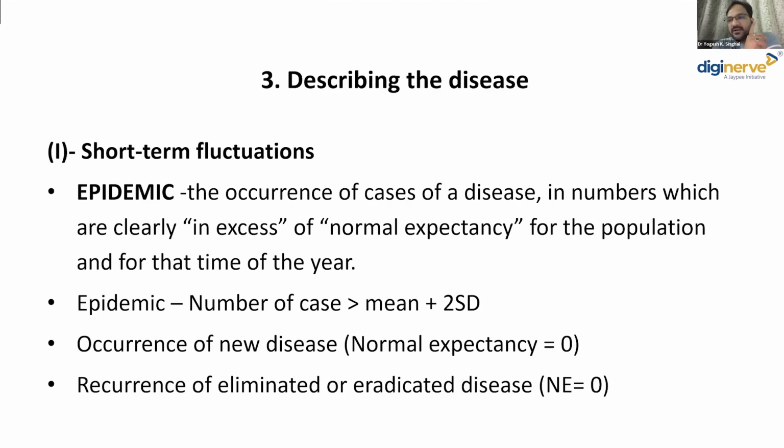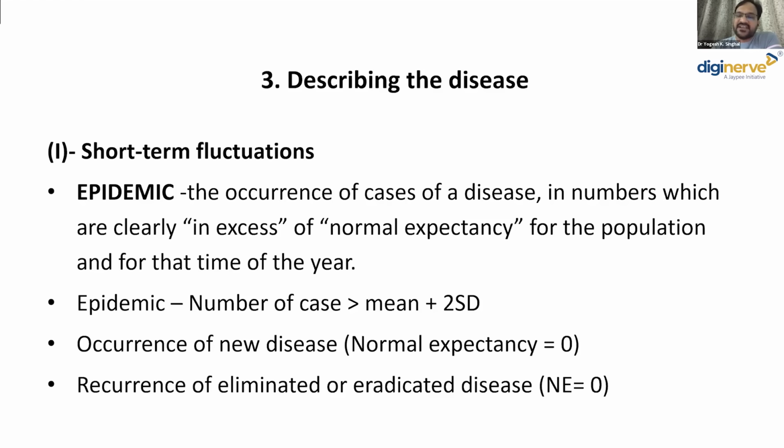Because what we will do is 1/0. Why one? A single case is one upon zero, where zero means the cases in the last year. So 1/0 is infinity. Similarly, if the cases of dengue were 1,000 last year, but this year we have 10,000 cases, then we do 10,000 upon 1,000, which is equal to 10.